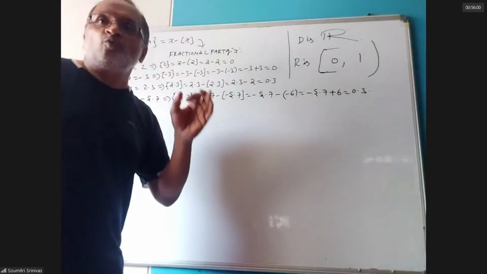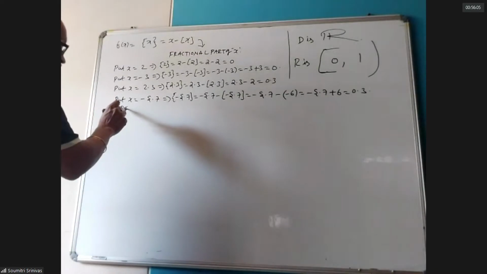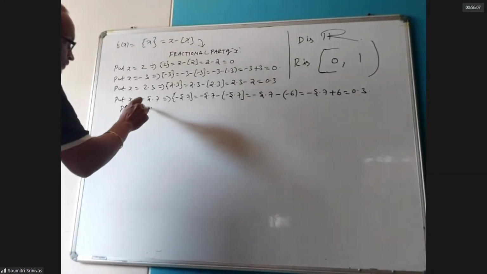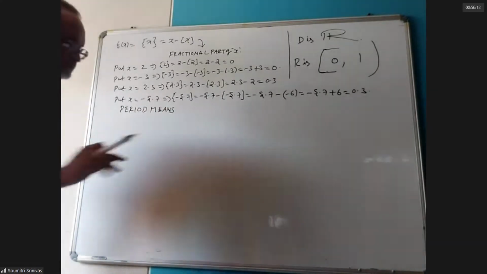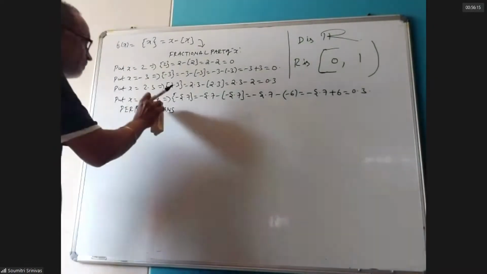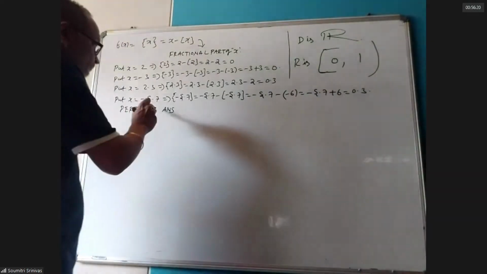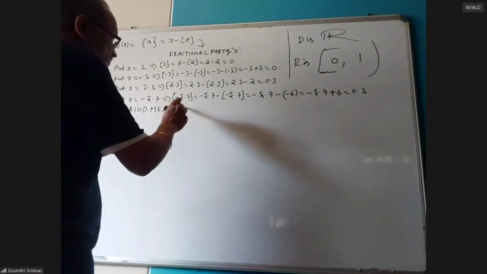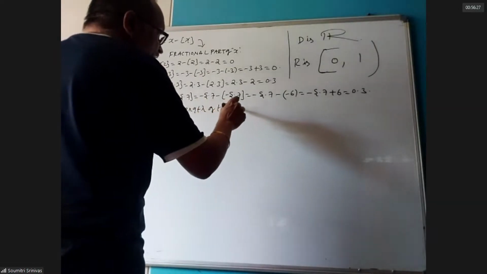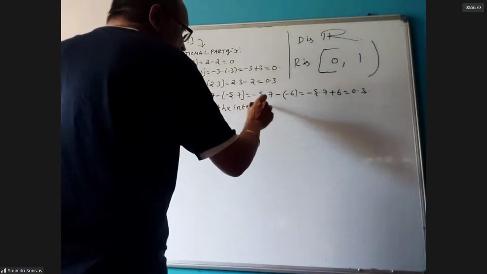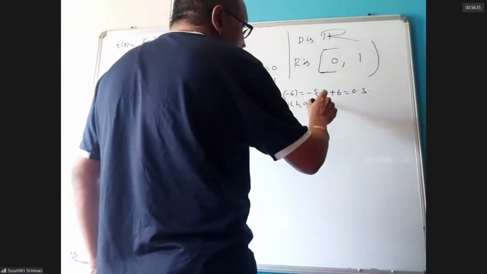I told you. What do you mean by period geometrically? Period means the length of the interval in which the graph repeats.